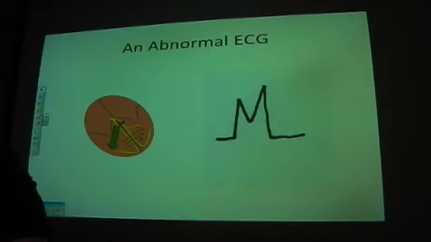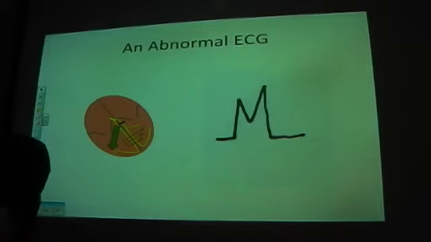As the fibres are blocked on the left-hand side, the electricity is having to go through the myocytes rather than along the normal conduction pathway. This is a lot slower process, so you get a second depolarization wave, which is the left ventricle now depolarizing. So that's why you get the RSR, because they're both depolarizing at separate times.